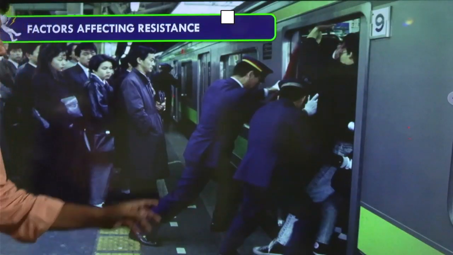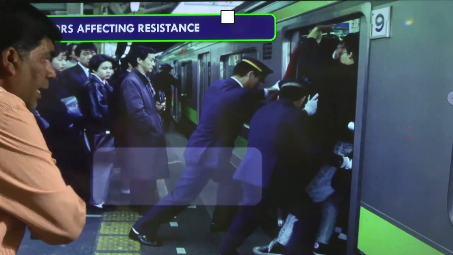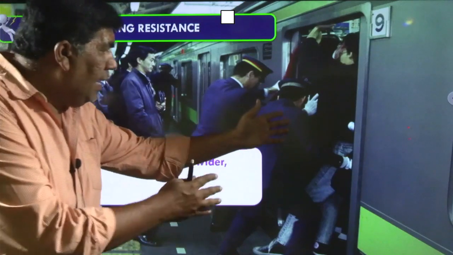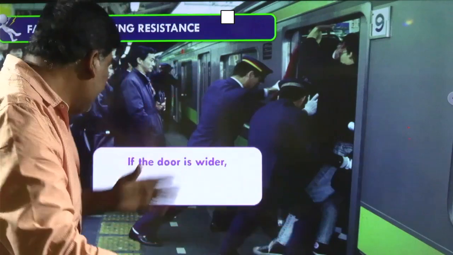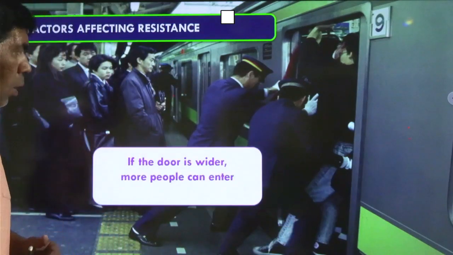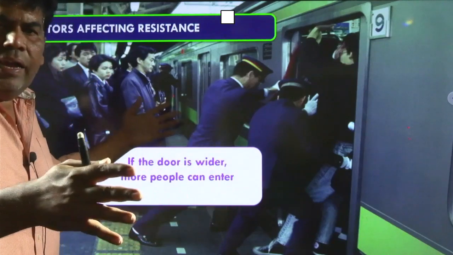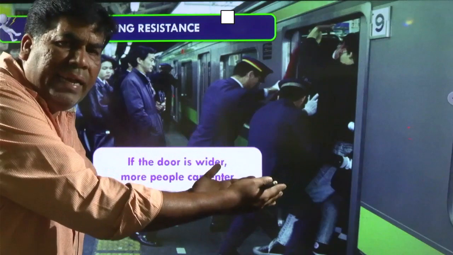Suppose, see this picture. Here there is an example of a metro train. If the door is wider, more people can enter. Means if the area of cross section is more, then more people can enter.